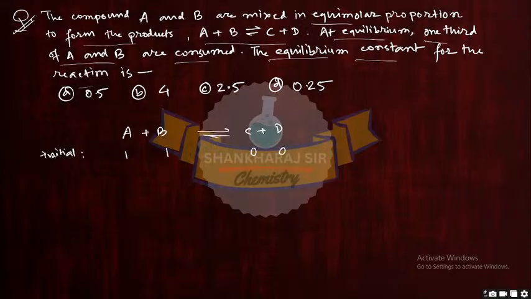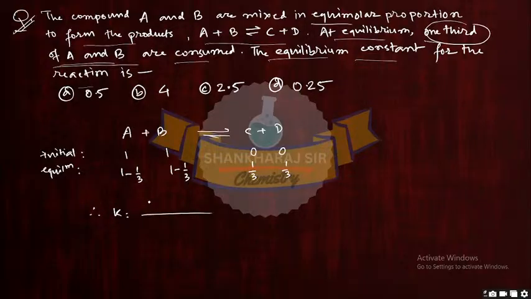Initially no product is formed, and at equilibrium, since they said 1/3 of A and B are consumed, it will be 1 minus 1/3, this is also 1 minus 1/3, and the product will be 1/3, this will be 1/3. Now what is the value of K? K is equal to concentration of C into concentration of D divided by the concentration of the reactants.